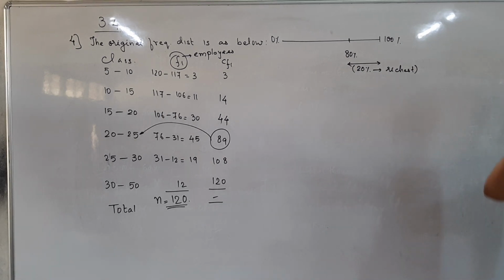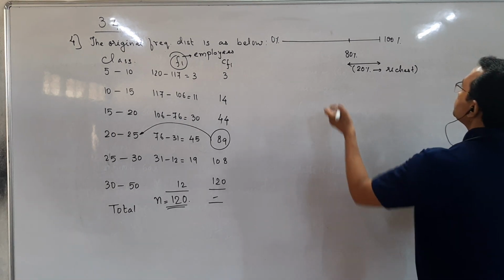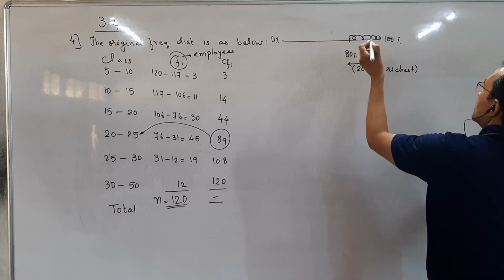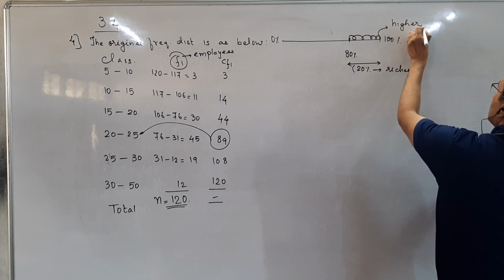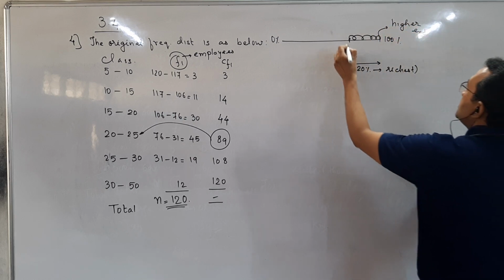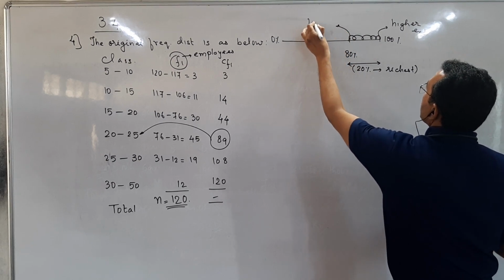So, the richest 20% will earn definitely more than the remaining lower 80%. Yes or no? So, the richest 20% cadre will be between 80 and 100. This is their higher end, and 80 is their lower end.